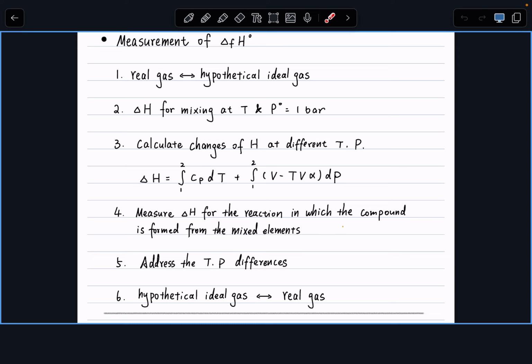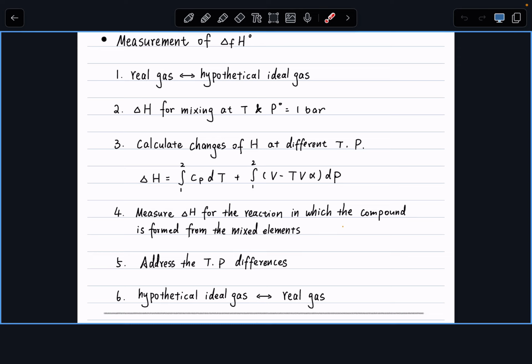So we need to calculate delta H for mixing of my ideal H2 gas and Cl2 gas. We went over several different calculations of ideal gases, so mixing of ideal gases is something we are able to calculate.